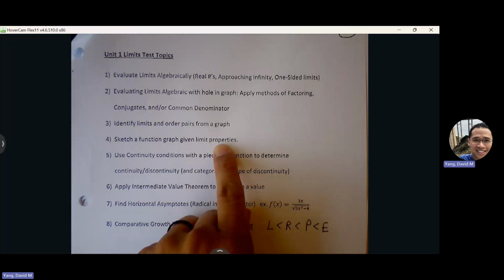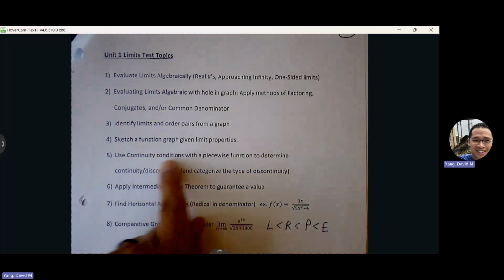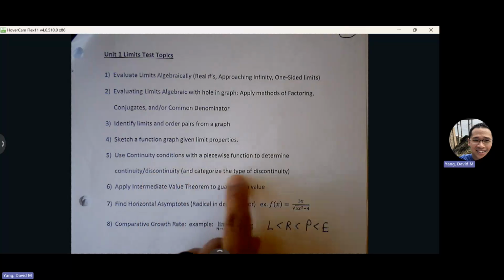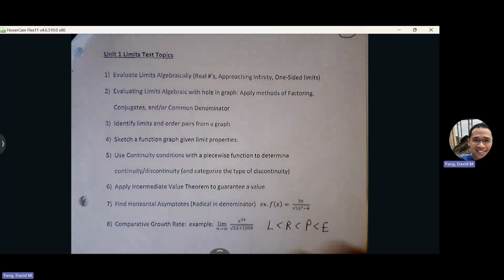Then sketching a graph given limit properties. We just did that, 8 and 9. Use continuity conditions with a piecewise function to determine continuity and discontinuity and categorize the type of discontinuity by walking through each of our conditions: ordered pair, limit, and comparing the first and second conditions as a third condition.